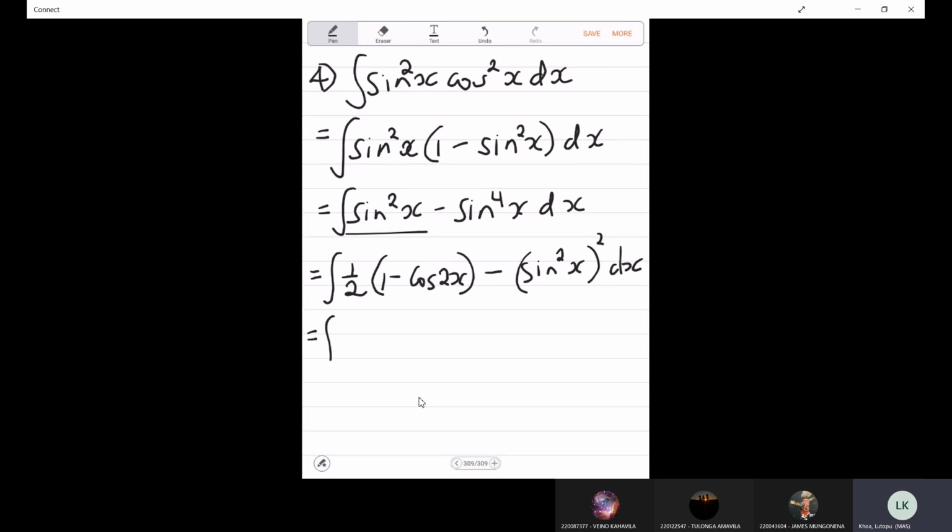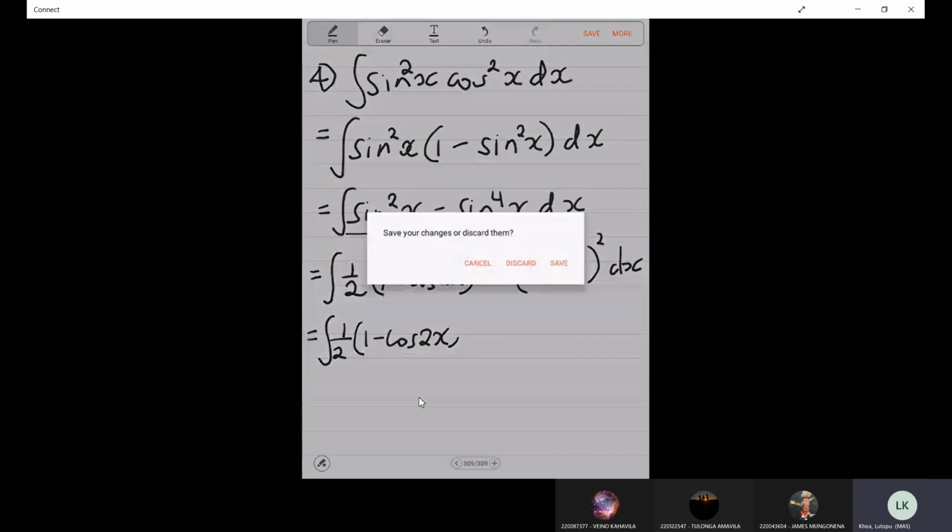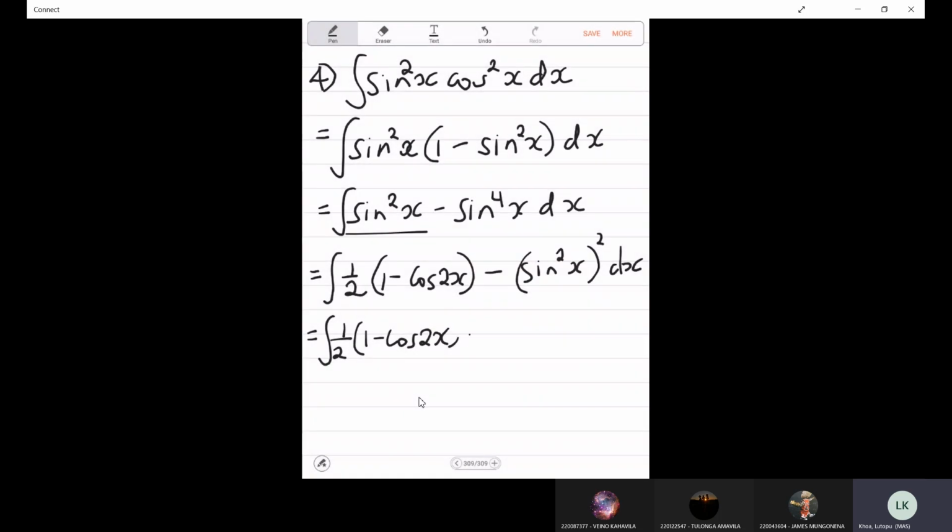And this is a half, 1 minus cos 2x, and minus, now the sine squared inside the brackets, I rewrite it. This is a half, 1 minus cos 2x, squared, and this is all integrated with respect to x. My bracket should be closed here. Yeah, I think now it's fine.